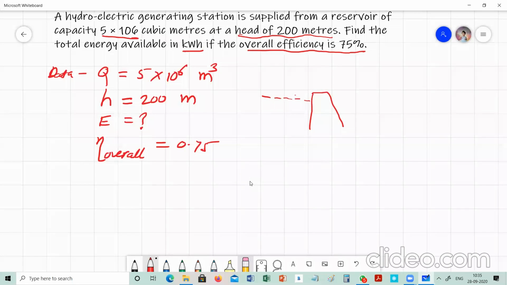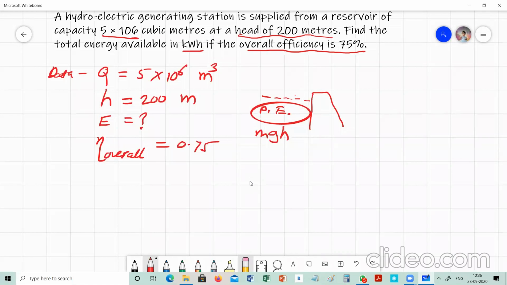The energy stored in the reservoir is potential energy, and its formula is mgh, where m is the mass of the total reservoir quantity, g is acceleration due to gravity, and h is the height of the reservoir, that is the head.